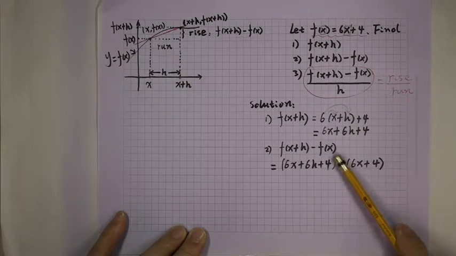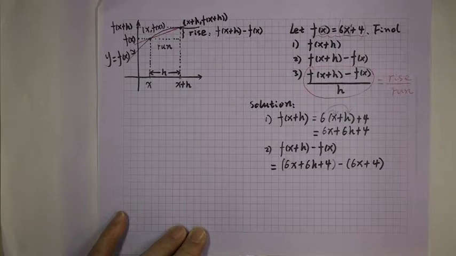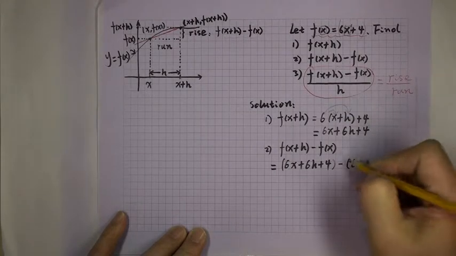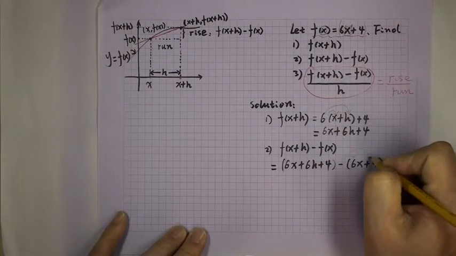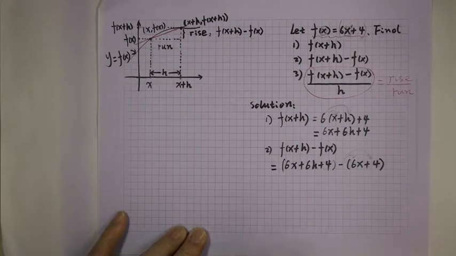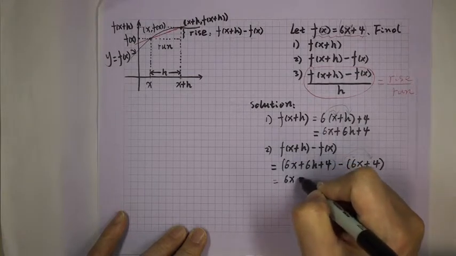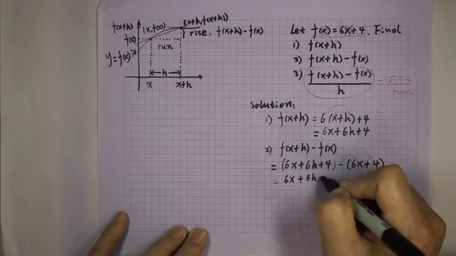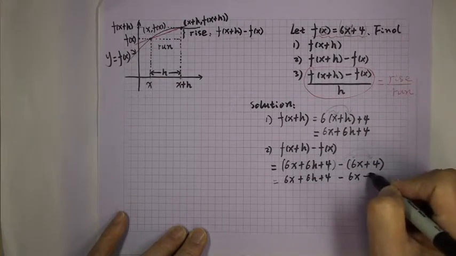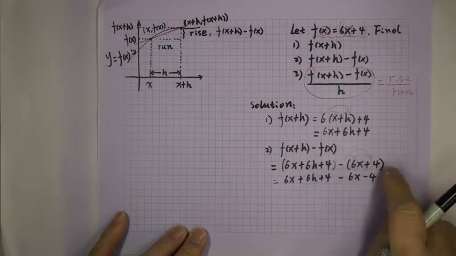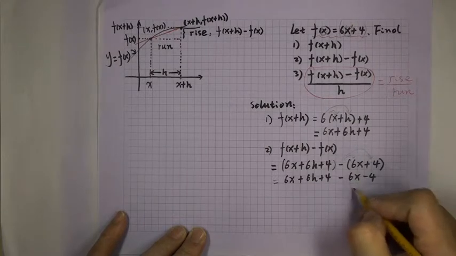That's f of x. So subtract the whole thing right here. Again, you have to use the distributive property. If you don't use it, you're going to make a mistake. So 6x plus 6h plus 4 minus 6x minus 4. The negative goes to the 4 also.